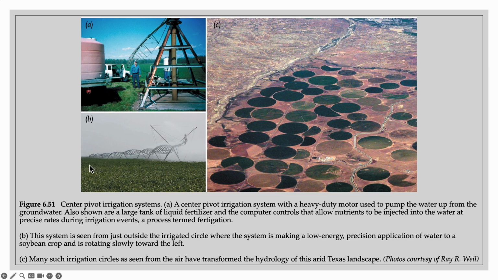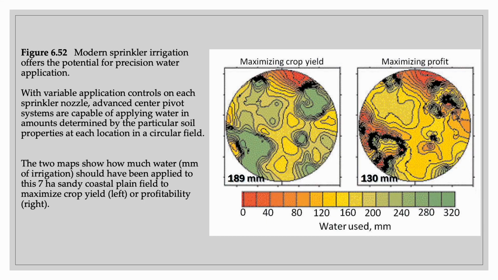So that if there was a moisture sensor here that said we don't need any water, by the time this section of the pivot irrigation reached that sensor, it would turn off. So we're trying to do things that are helping us become more efficient, just not necessarily sure how great we are going to be at that.